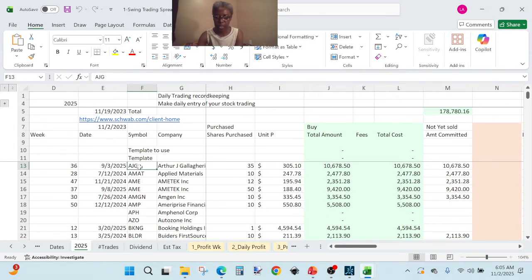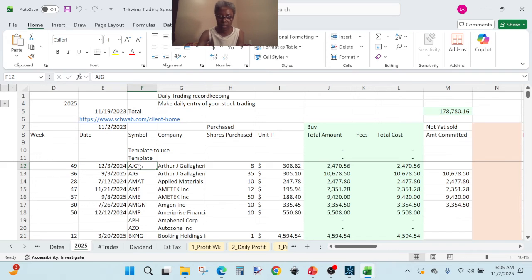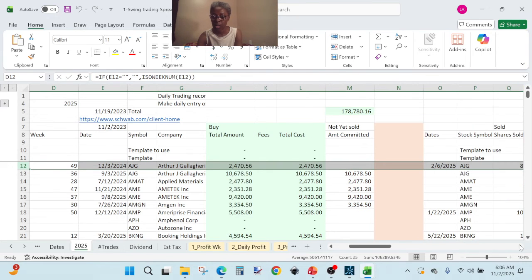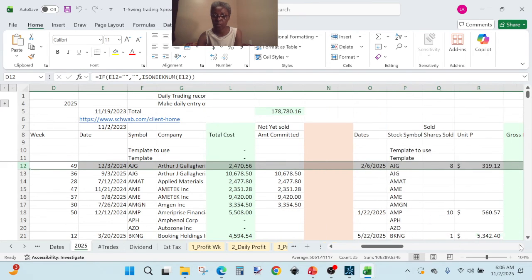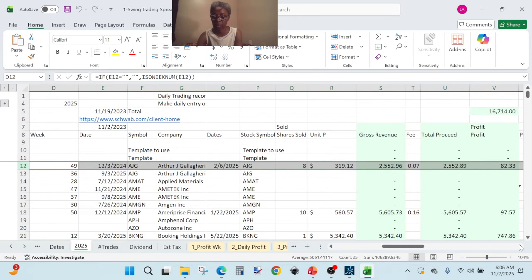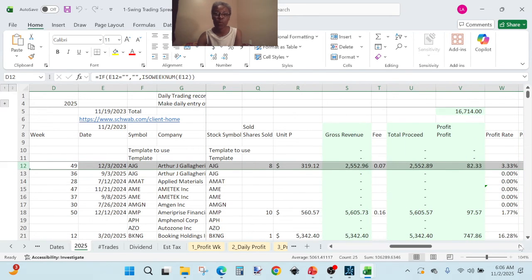And we have AJG here. Okay, so AJG, the one we purchased in December, we sold it. We purchased it at 308, and the one that we have currently now, that the price went below it, we purchased it at 305. So we sold the December one in February for 319 a share and made a $2 profit on it.